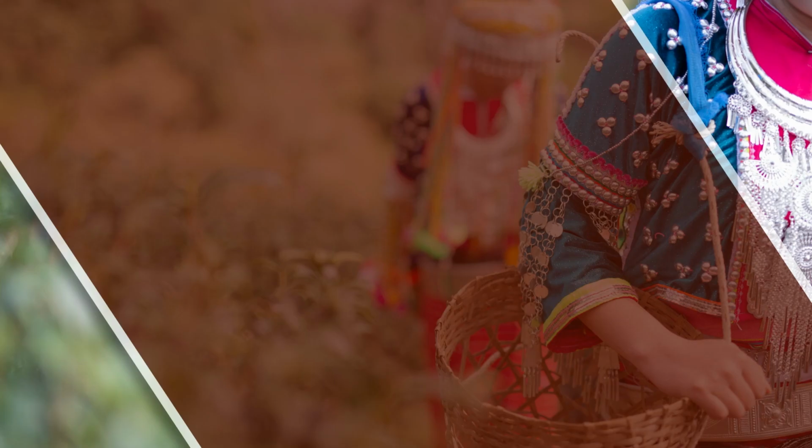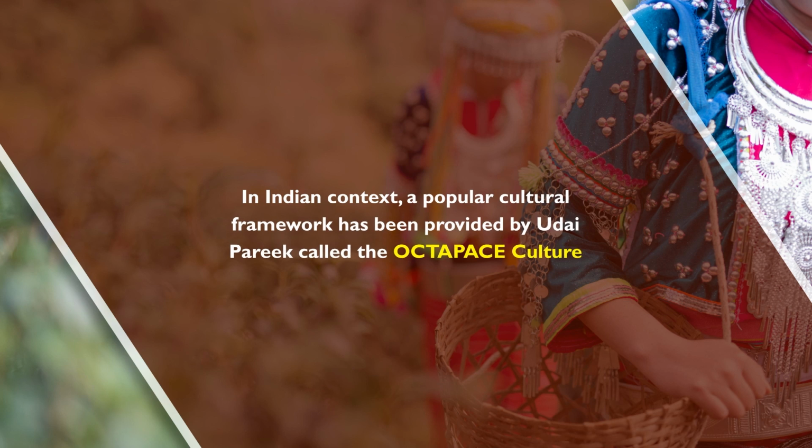In the Indian context, a popular cultural framework was extended by the HR theorist Uday Parikh, who called it OCTAPAC, a culture that relies on ethos, which is the underlying spirit or characteristics of a group, made up of its beliefs, customs, or practices.